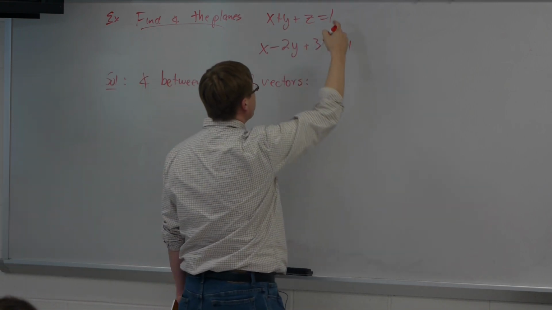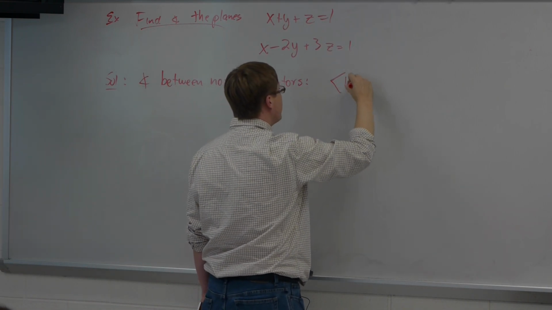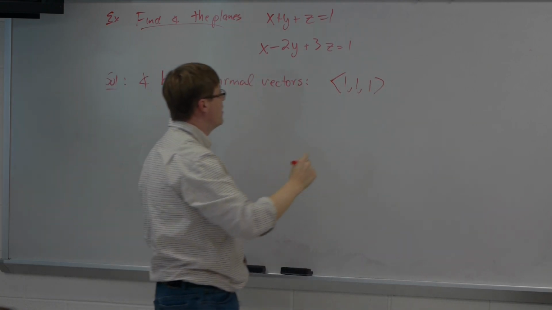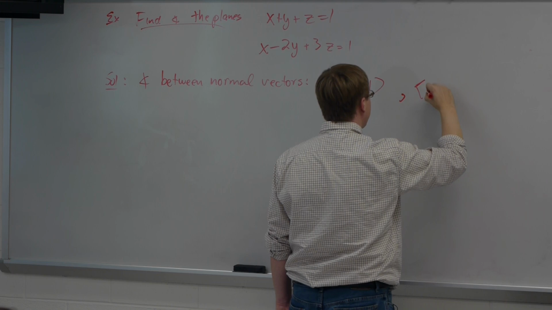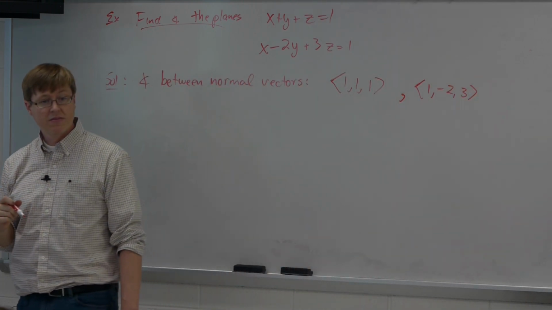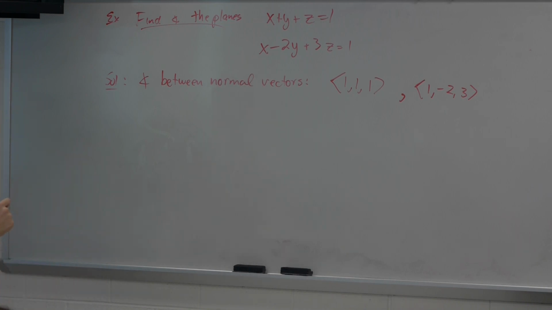So the normal vector for the first plane is (1, 1, 1), and the normal vector for the second plane is (1, -2, 3). That's the nice thing about the plane equation: you can just read the normal vector right off.